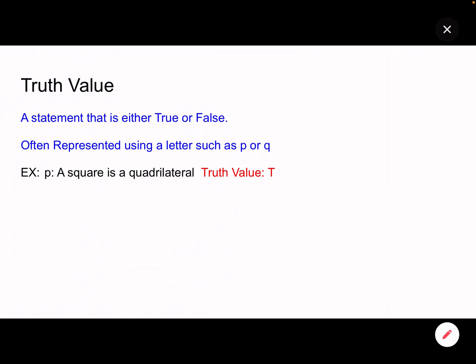Typically, we'll make a statement, we'll call it the P statement. Maybe for the P statement, we say the sky is blue. And then for the Q statement, we might say something like the ocean is pink.